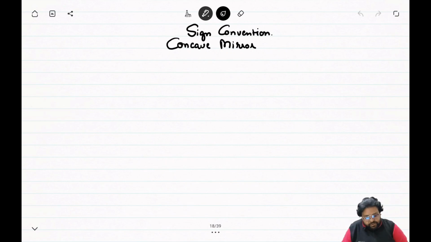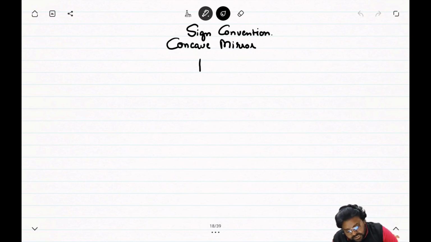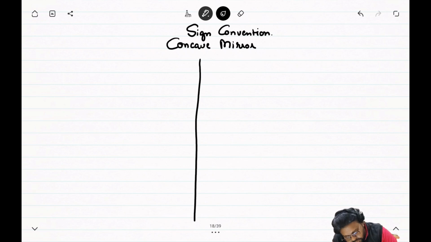Now talking about the sign convention. What do we mean by sign convention? We have seen some terms like object distance, focal length, radius of curvature, and image distance, and so on. All these have to be counted in terms of particular units, distances. So how do we count distances?